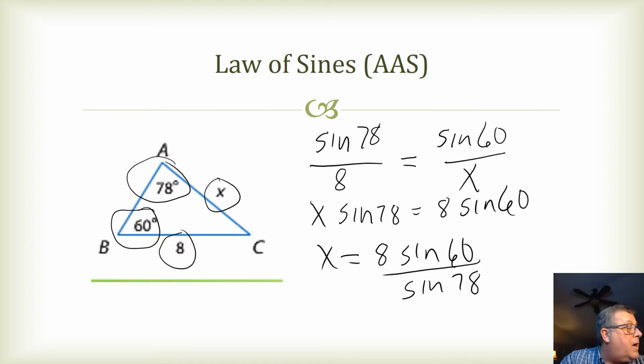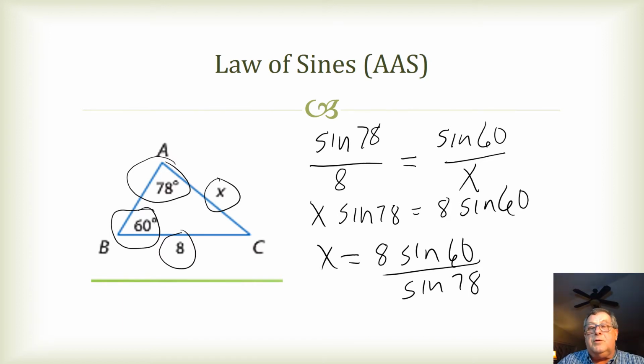Now, I believe we're supposed to round these to the nearest tenth. Yes, we are. All right, well, let me get my calculator out. So let's start with 8 times the sine of 60. And now we're going to divide that by the sine of 78. And that comes to 7.08298.